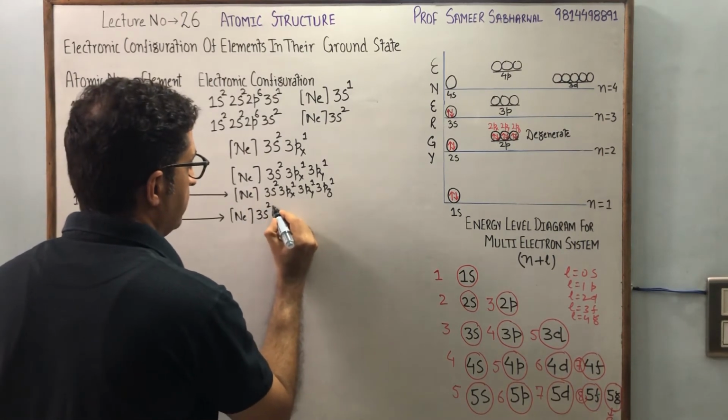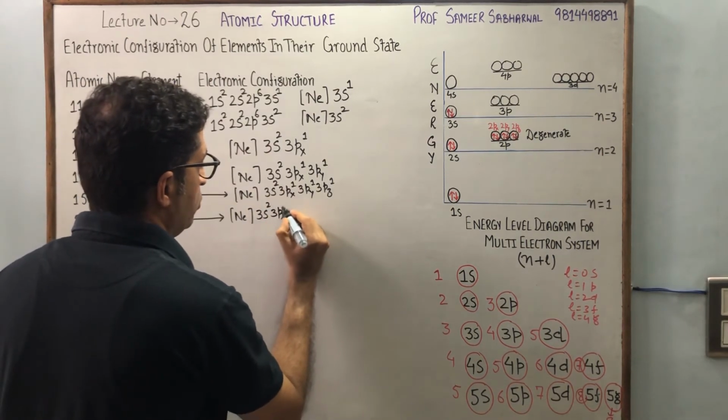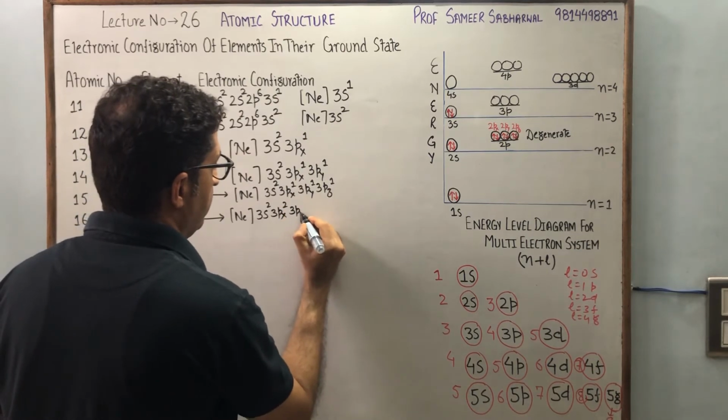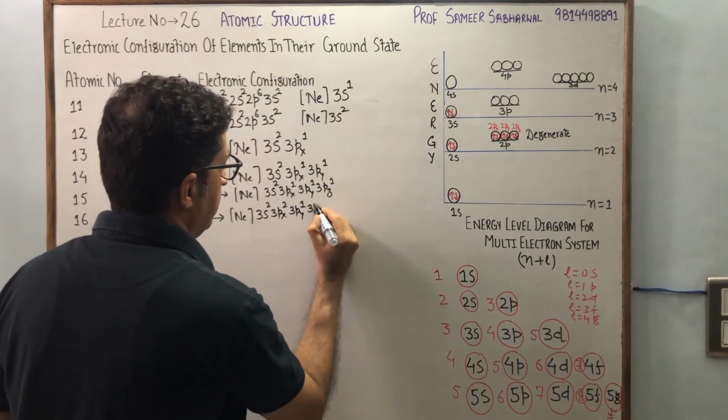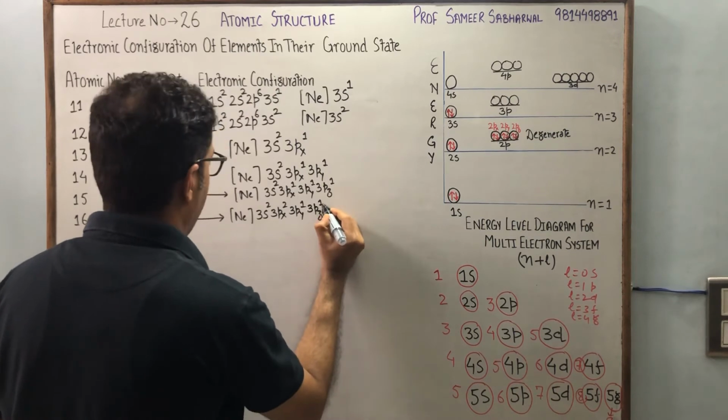Then comes sulfur. Neon 3s2 3px2 3py1 3pz1. Fine.